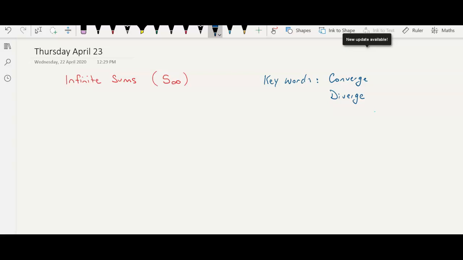There's no constraint. Whereas converge is closing in on something, getting closer to something. If you converge on a meaning or a value, you're getting closer to it. If you're divergent, you're not getting any closer. You're getting further away. So these are our keywords. So the idea of infinite sums.